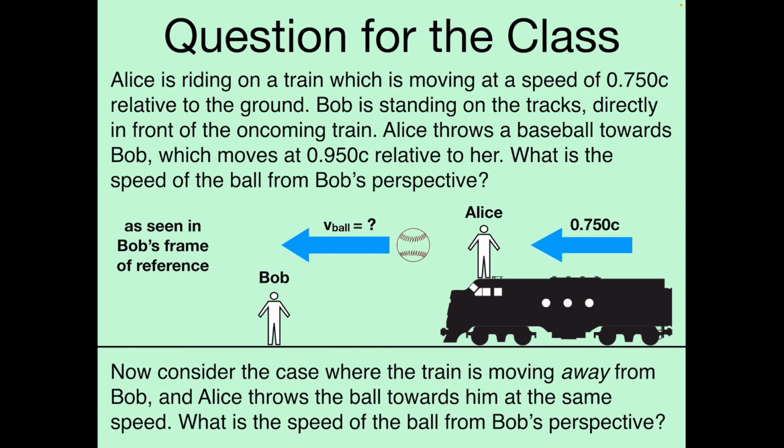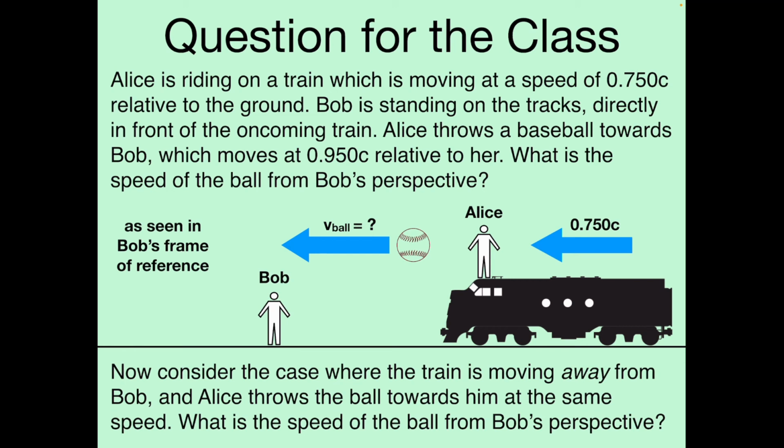So we have Alice riding on a train, which is moving at a speed of 0.750 c relative to the ground. Bob is standing on the tracks directly in front of that oncoming train. Alice throws a baseball towards Bob, which moves at 0.950 c relative to her. What is the speed of the ball from Bob's perspective?